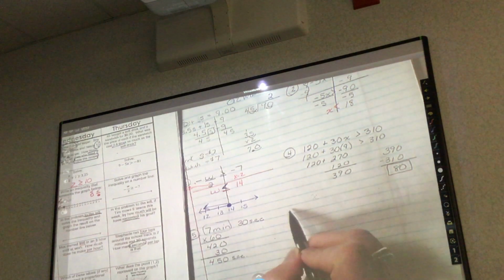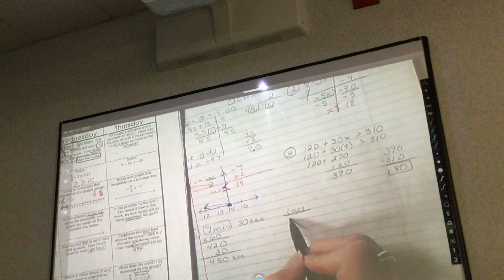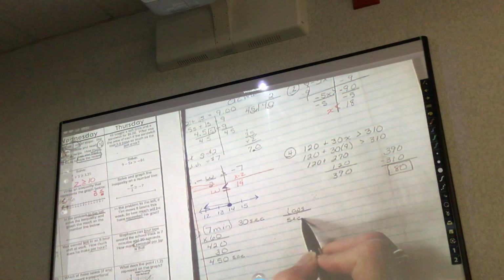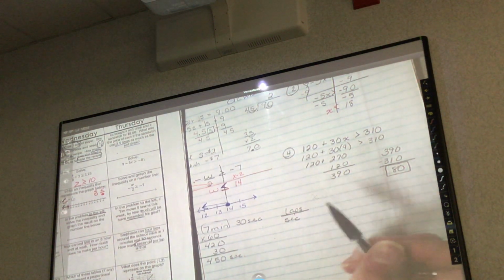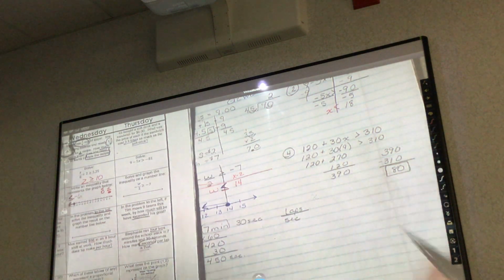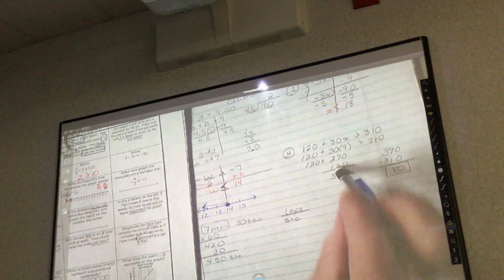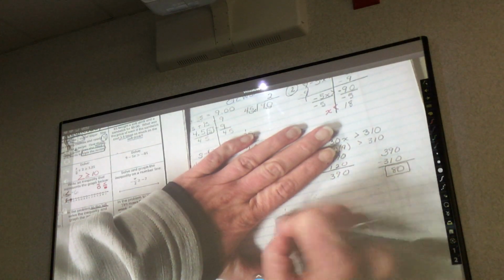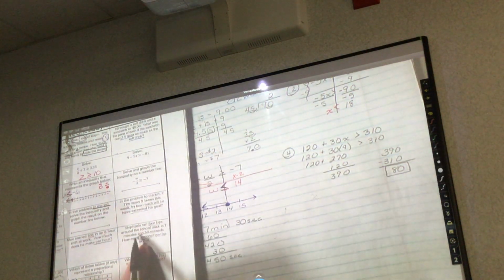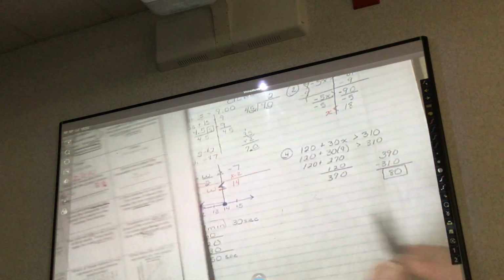So my label, this is my rate, it'll be laps per second, correct? So then, oh wait, no, I should have it going the other way, right? Yeah. I should have seconds per lap, because I have to go back here, it says how many seconds per lap, so seconds have to be on top.